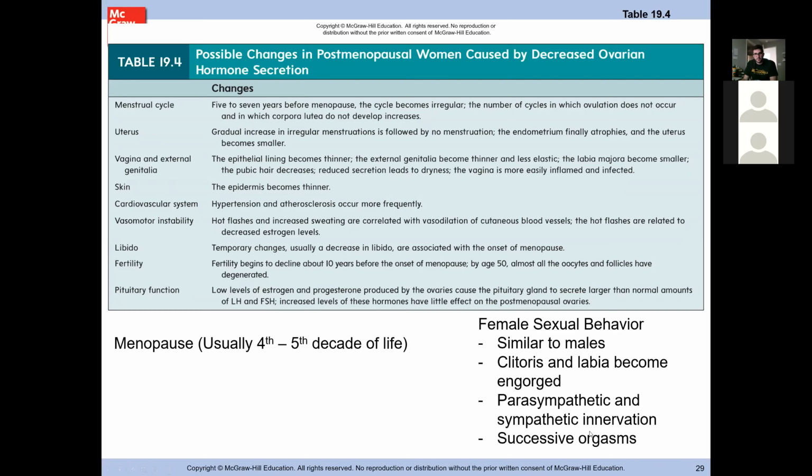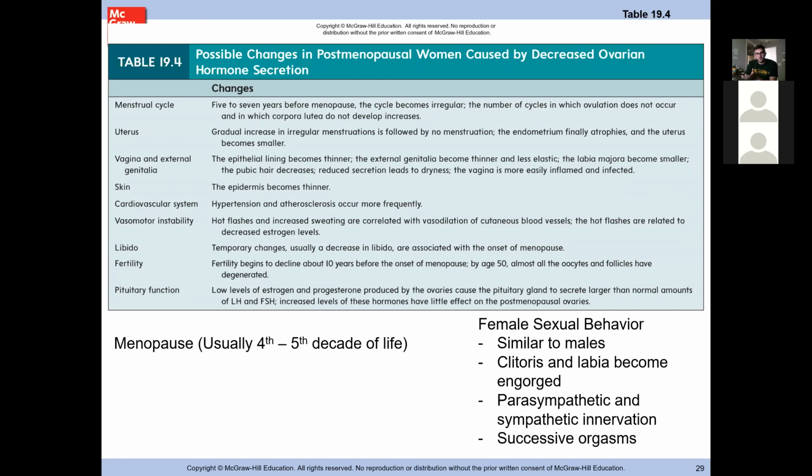Parasympathetic and sympathetic innervation play a big role in determining the degree of the orgasm. With both, males and females can have the moment of orgasm, and then there's a moment of resolution where you cannot physically achieve an orgasm again for a set period of time, and it varies between individuals.